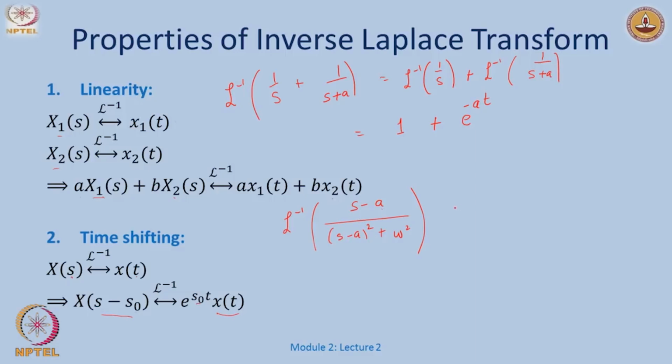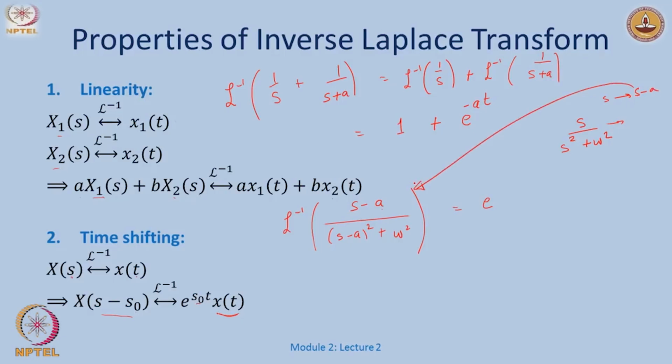So, if I just look at independently how x of t or x of s would look like, this is like s over s square plus omega square, and with s being transformed to s minus a, this thing looks like this.